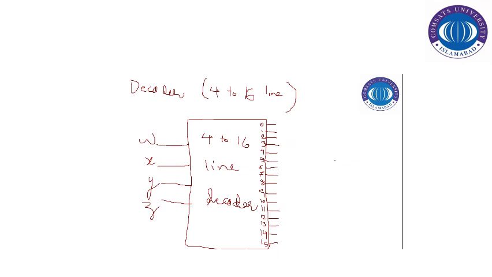Since we have to represent our Boolean terms, we have to extract those minterms here, and we have to OR those terms here. So we have to use an OR gate. And this is F basically.